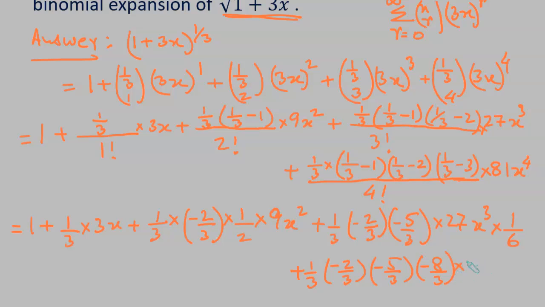Times 81 x to the power of 4. And what is 4 factorial? It is 24. 4 times 3 is 12, 12 times 2 is 24. So it is 1 over 24.